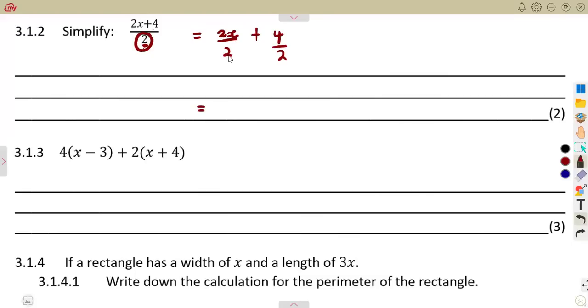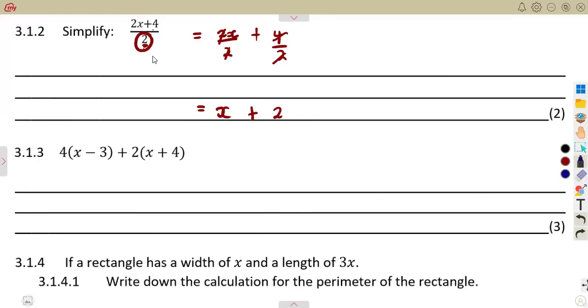This 2 and 2, guys, can cancel because they are the same. You remain with x. So that was going to give us x. 4 divided by 2, that's a 2. 2 into 4 enters there 2 times. So you're going to remain with x plus 2.